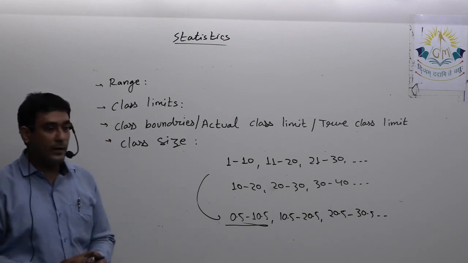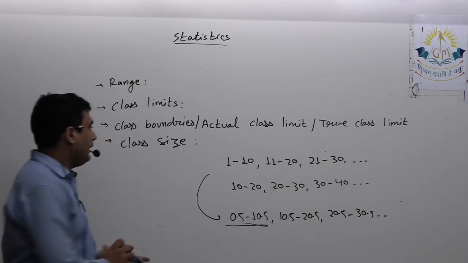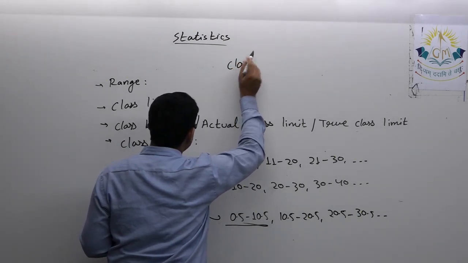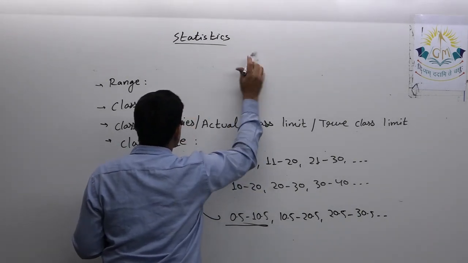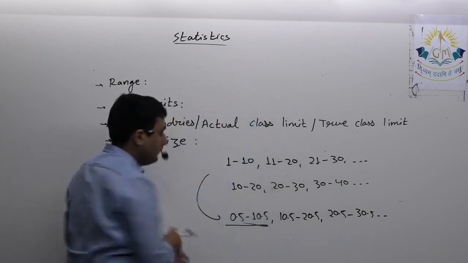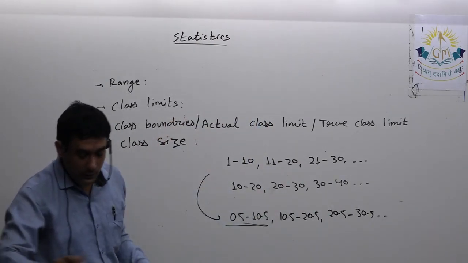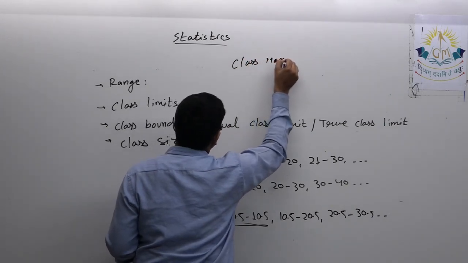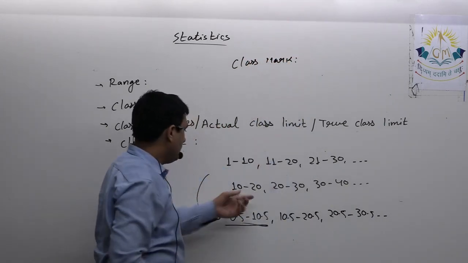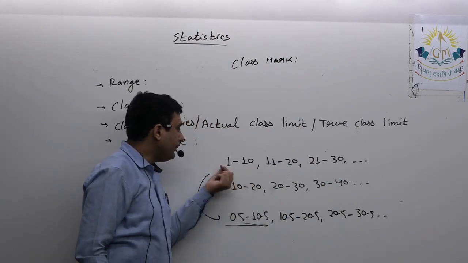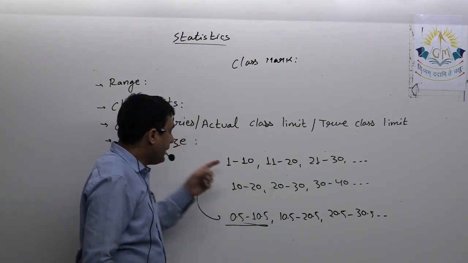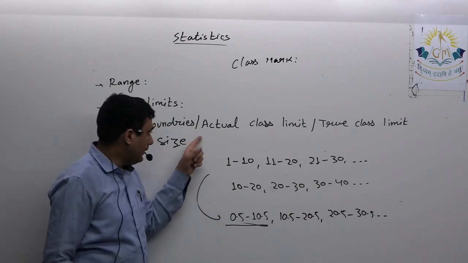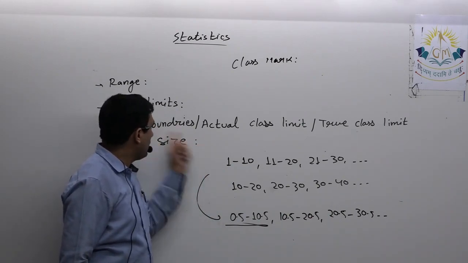We can also find class size by a term, class mark. Class mark is the upper limit plus lower limit divided by 2. Over there it is not necessary to convert into class boundaries.